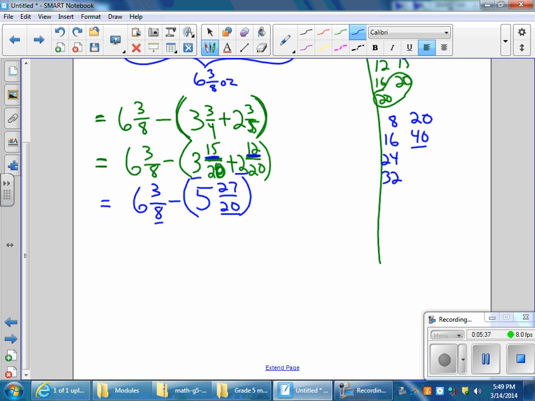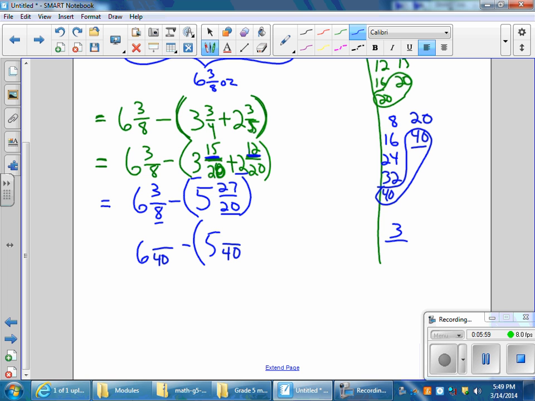I haven't caught up to the 40 yet. There it is. I guess 40 is going to be my common denominator. So I'm going to change this to be a 40. And I'm going to change the 20 to be a 40. If you have to do that work on the side, do it on the side.